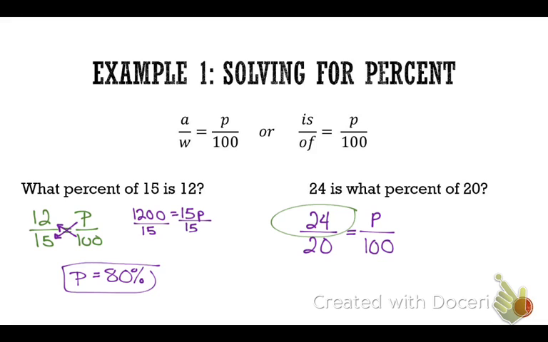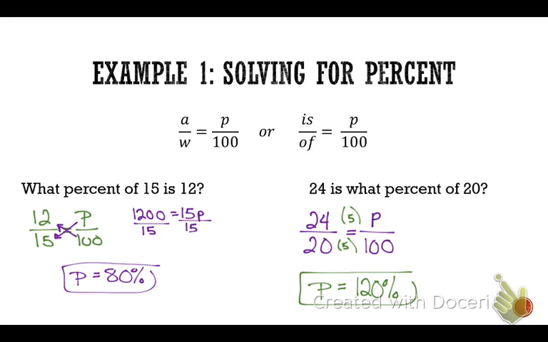So when I did my cross, wait a second, could I do mental math? Yeah. 20 times what equals 100? 5. 24 times 5 is 120, just like that. Okay? I don't care which method you use. In this case, mental math is easier.